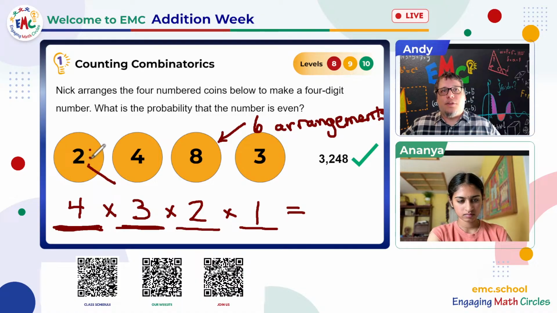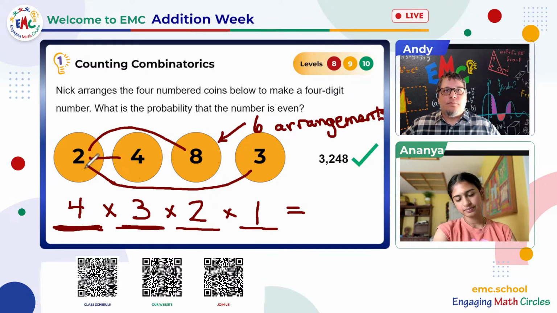I could have one that starts with 2, 4, or I could have 2, 8, or I could have 2, 3. Right. So for each choice I make for the first digit, you're multiplying by the other choices available. Yeah. So because I have 3 different paths and I have 4 different starting points, I have 4 times 3 paths. Make sense? Yeah.